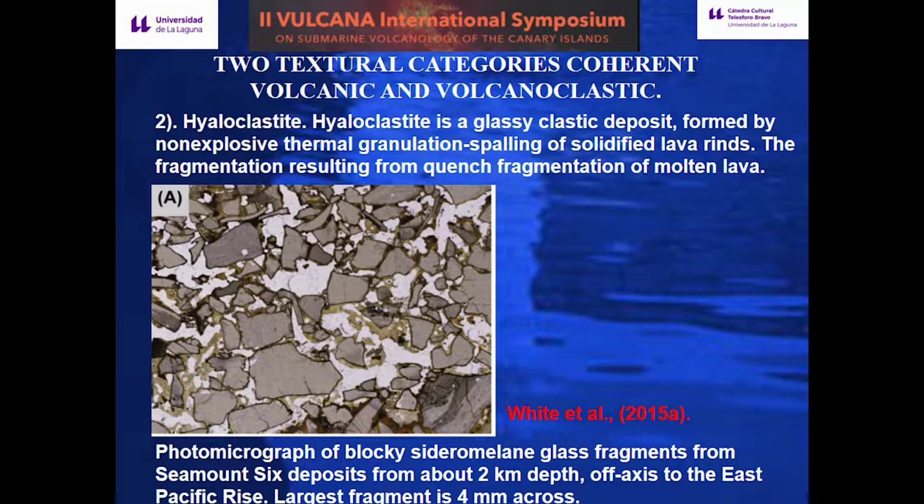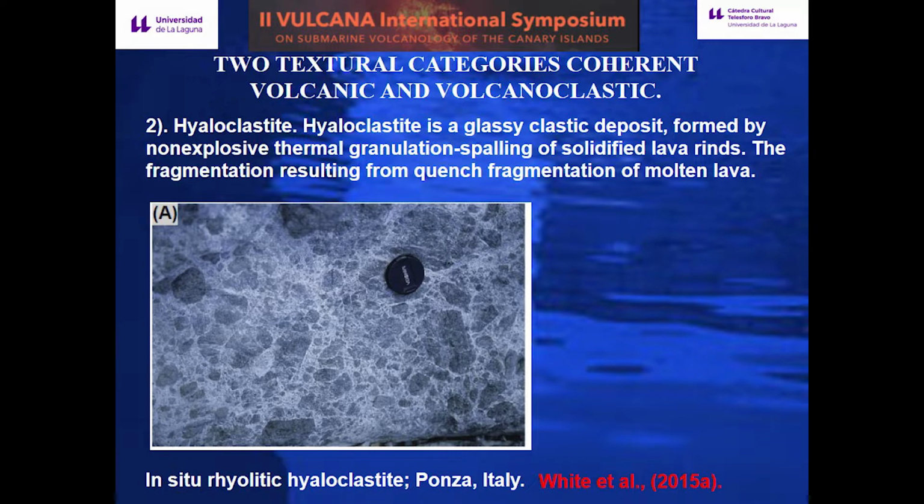Hyaloclastite is a glassy clastic deposit formed by non-explosive thermal granulation spalling of solidified lava rinds. The fragmentation results from the quench fragmentation of molten lava. This is a micrograph of blocky hydromagmatic glass fragments from deposits about 2 kilometers deep at the exit of the East Pacific Rise.